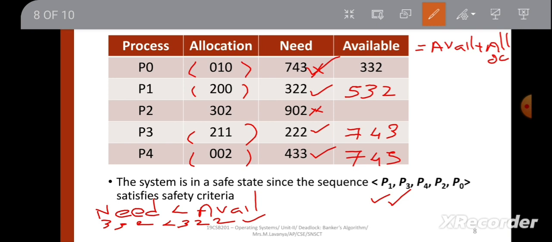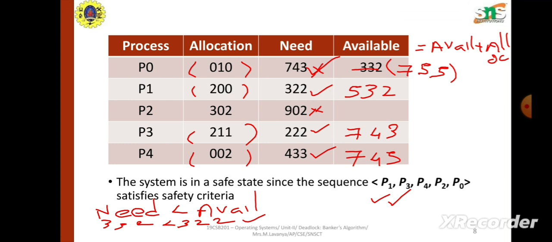Now the current available data will be, what is the value? 745 plus 010 is 755. So we will be checking for P2. P2's need matrix is, sorry, it is not 902. I think the need of P2 is 600.